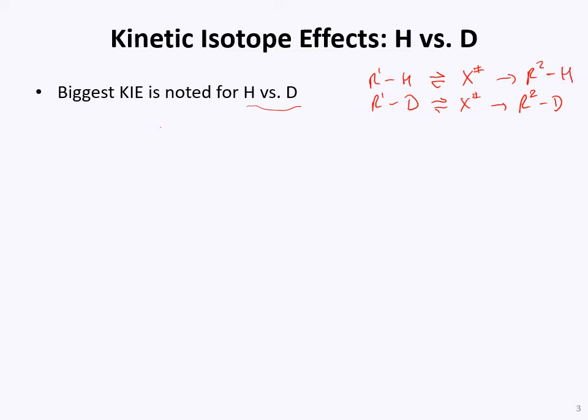So in this case we've got R2, and in this case we've got R2 again. Okay, so these would be the two equations we're looking at, and what we really want to do is look at the difference here.